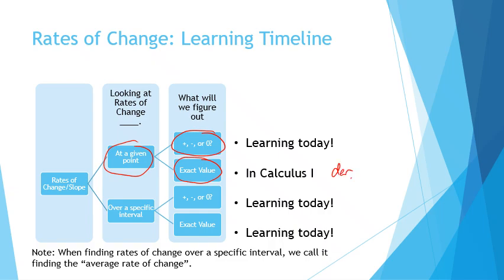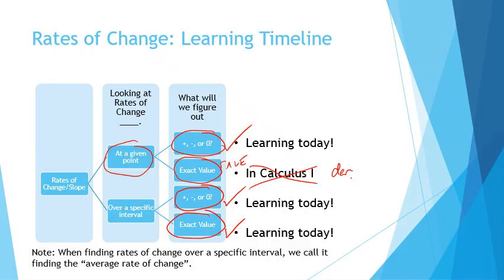We will learn that in Calc 1, so no use in spoiling the fun just yet. Now, if you want to find the rate of change or slope over a specific interval, we will learn how to determine if it's positive, negative, or zero, and how to find the exact value. So both of those we will knock out today, and save the other one for calculus.